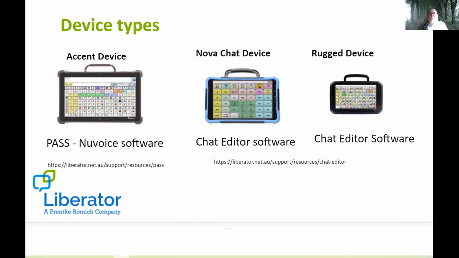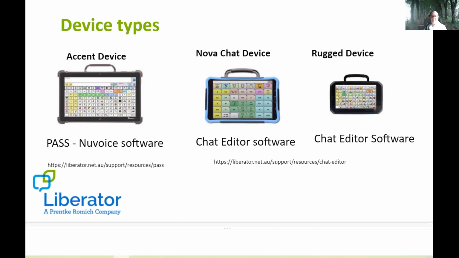So for example, if you have an Accent device, it's a pimped up Windows tablet. And so therefore you would be using the PASS software that you can download onto a PC. That works very differently to the NovaChat and Rugged devices, which are Android tablets. It's like the whole Apple versus Android. I've moved from one to the other and it doesn't work. Very similar, but different.